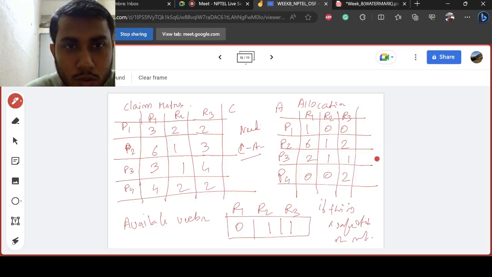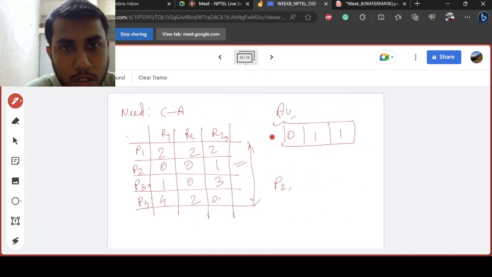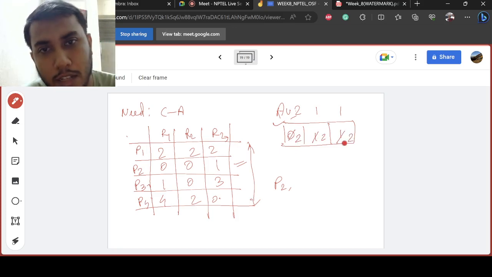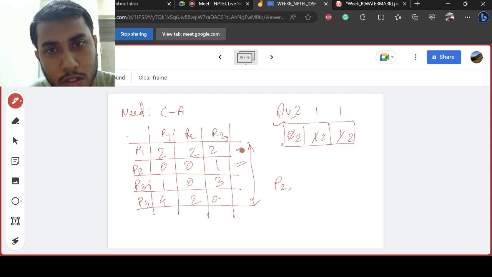So we'll add this 2 1 1, this allocation part, to it. 2 1 1 plus 0 0 1 will become 2 2 2. And if you see, that is what P1 wants.